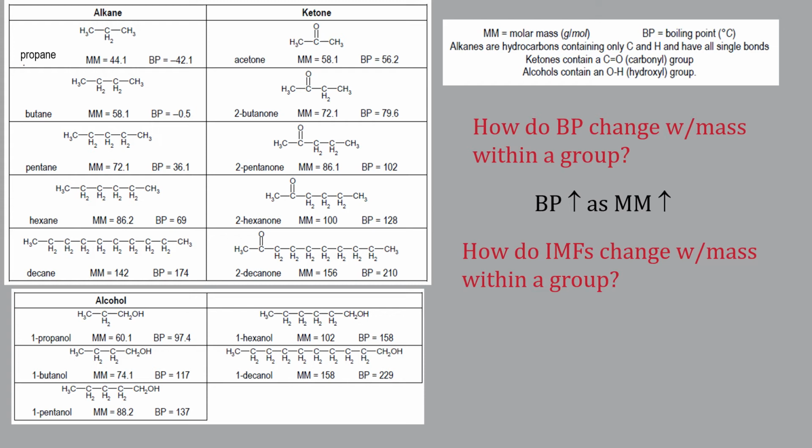Remember, the hallmark of the gas phase is that there are no interactions, whether they're attractive or repulsive, between molecules. So for a boiling point to go up, this means you have to put in more energy to break these intermolecular forces to form a gas. So the implication there is that these intermolecular forces are, by extension, getting stronger with molar mass.